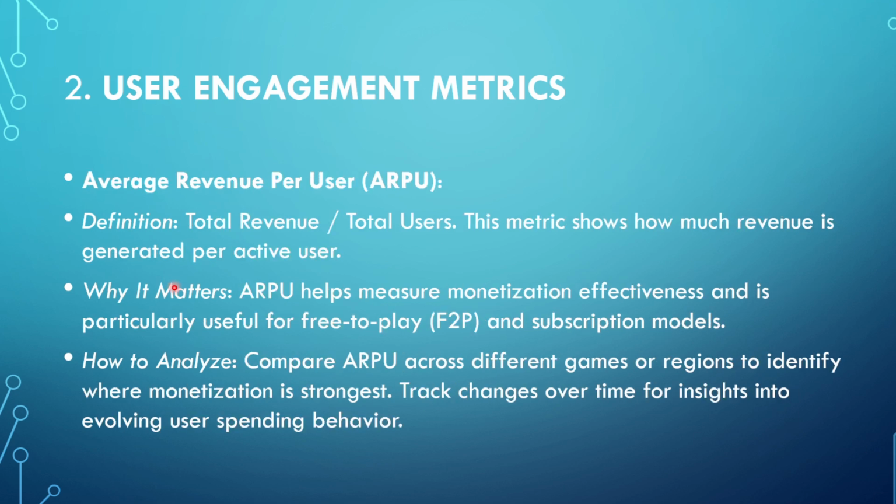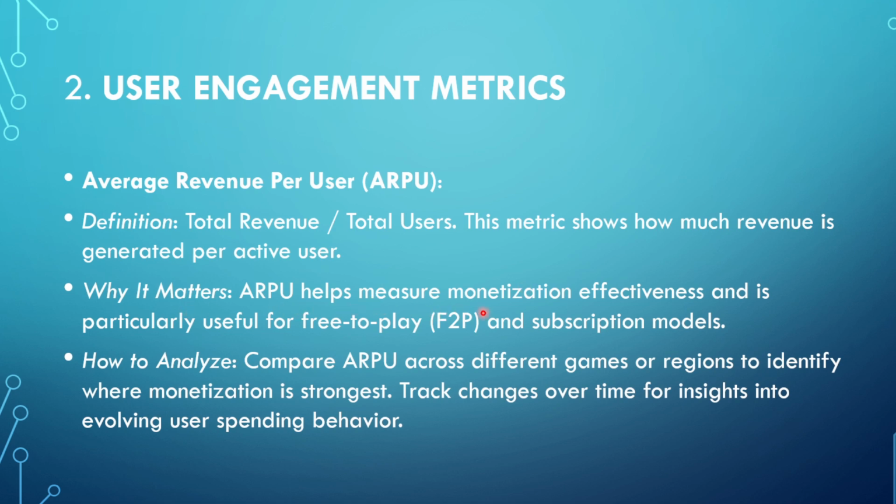The second one is average revenue per user, ARPU: total revenue / total users. This metric shows how much revenue is generated per active user. Why does it matter?